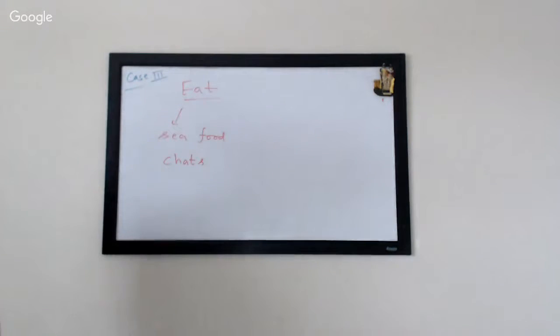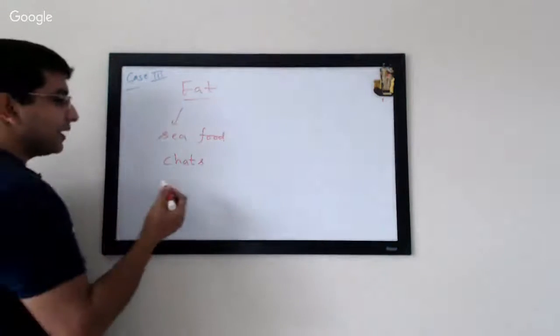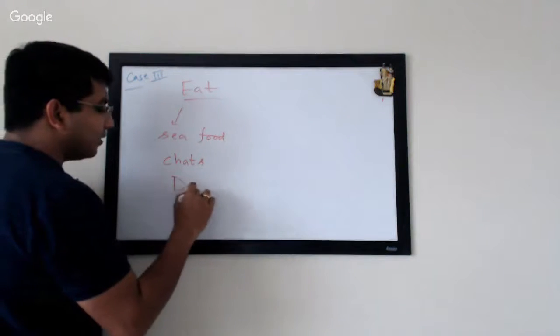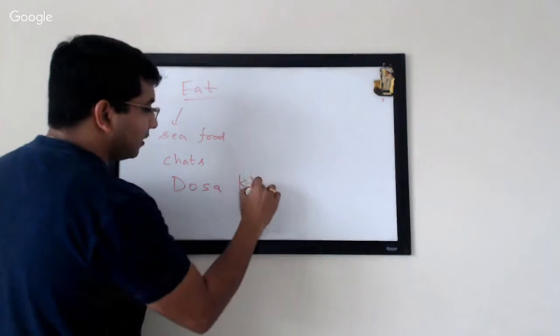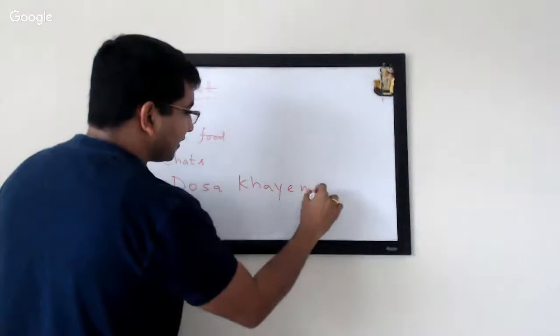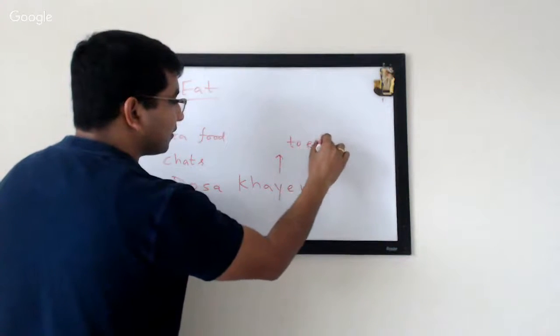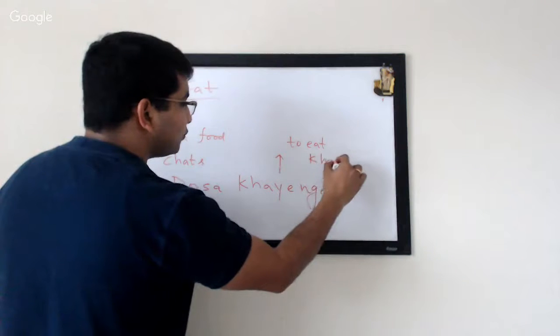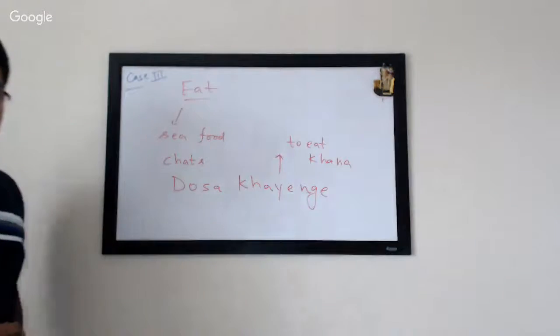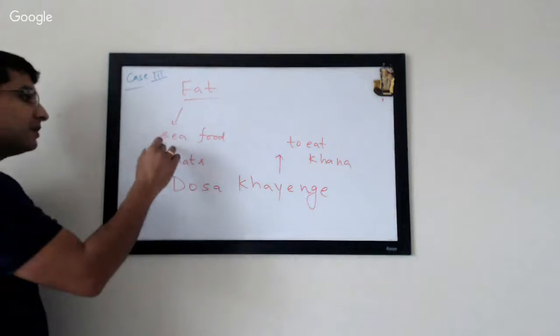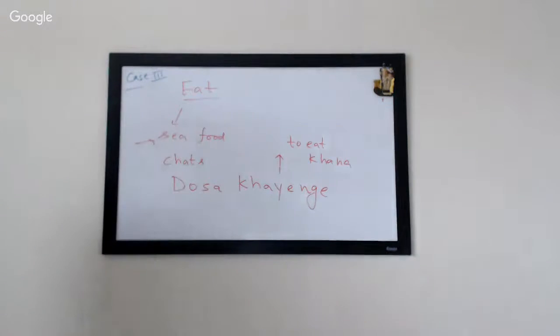So, let's say if you're going to Kerala, you can say हम वहाँ डोसा खाएंगे, right? खाना is to eat, but in future it will be खाएंगे. हम वहाँ डोसा खाएंगे. Even in India, some places are known for their seafood, so you can use it for that as well.